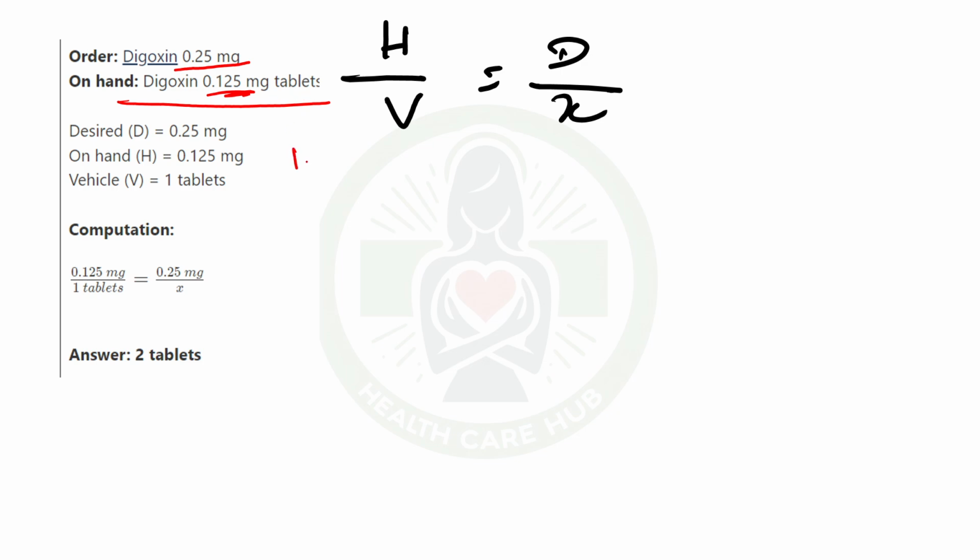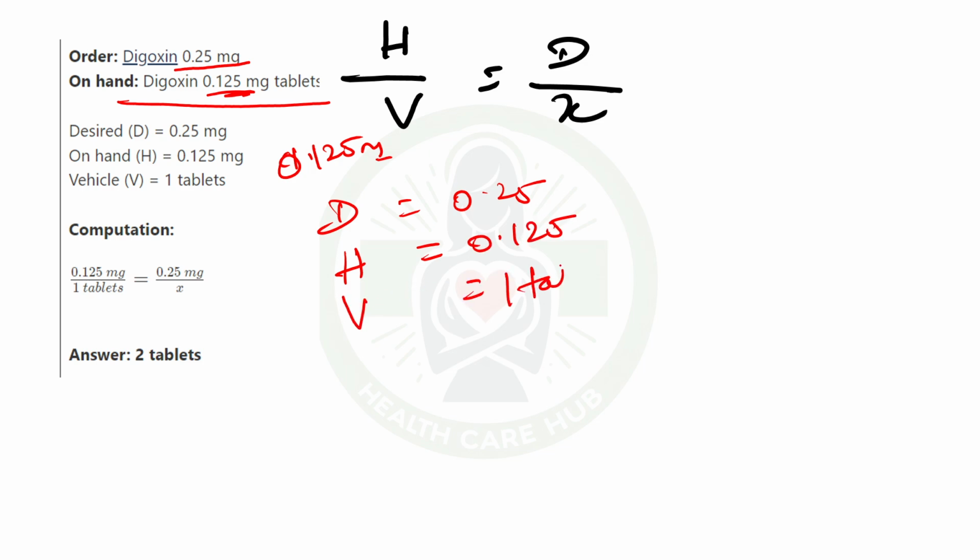So one tablet is 0.125 mg. The desired is 0.25, on hand available is 0.125, and the vehicle is 1 tablet. So how are we going to write that?